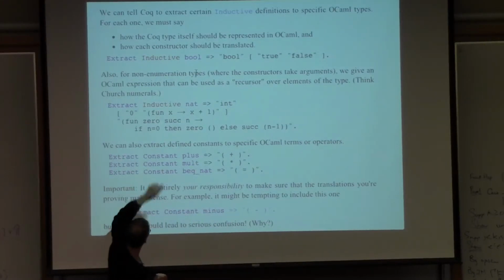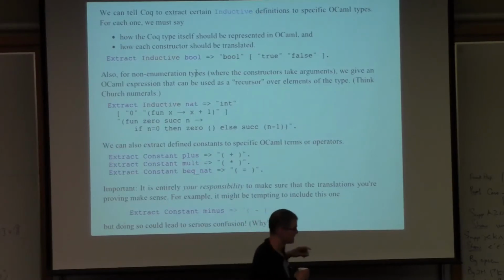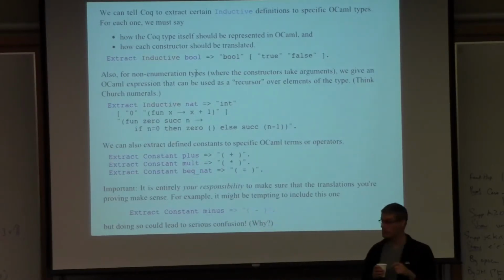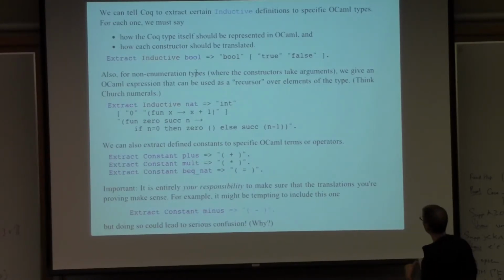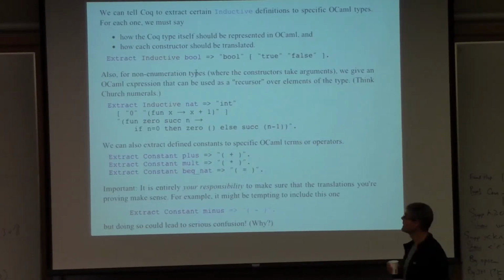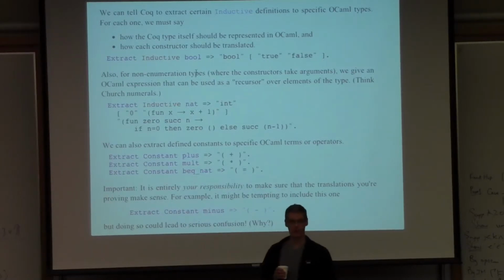So let's extract, for example, Boolean to the ML Boolean type. And the way you do that is you say how to translate the type, and you say how to translate the constructors. It happens that the names are exactly the same, but of course they need not be. In more interesting cases, where the constructors are more interesting, you also need to provide a recursor.